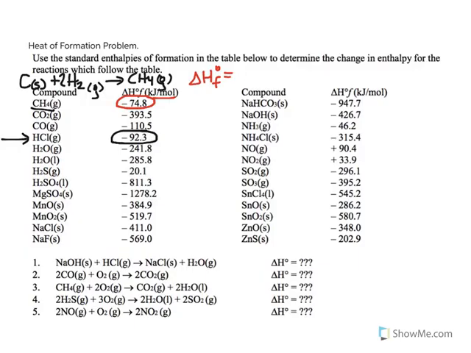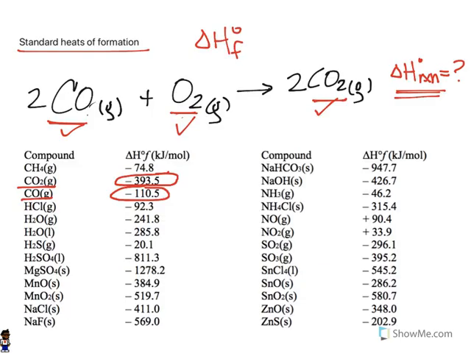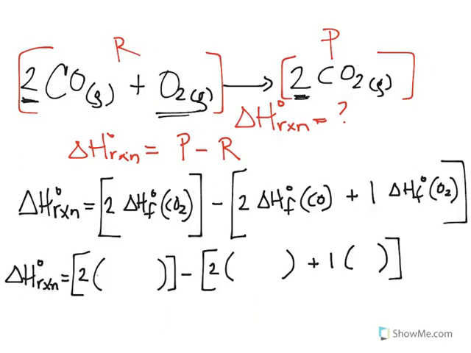We close that off. Now in the table back here, we got their values. So let's go ahead and plug them in. If I replace the standard heat of formations with their values, carbon dioxide was negative 393.5 kilojoules per mole. Carbon monoxide was negative 110.5 kilojoules per mole.